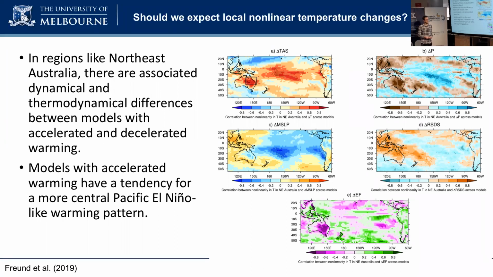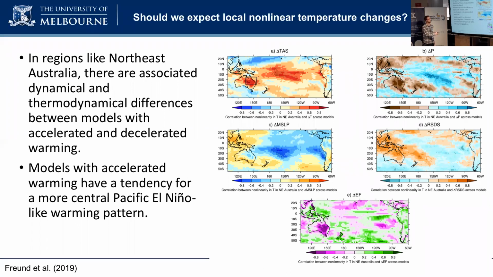What I'm doing here is taking what's going on in Northeast Australia in summertime and taking the models by their nonlinear temperature change, and then comparing at each location around these regions, correlating with the change in each variable from 1.5 to 3.5 degrees of global warming.